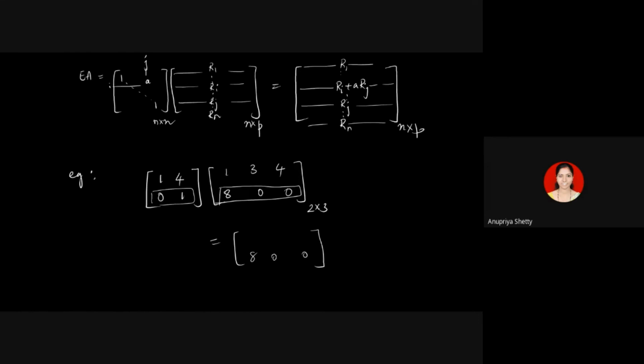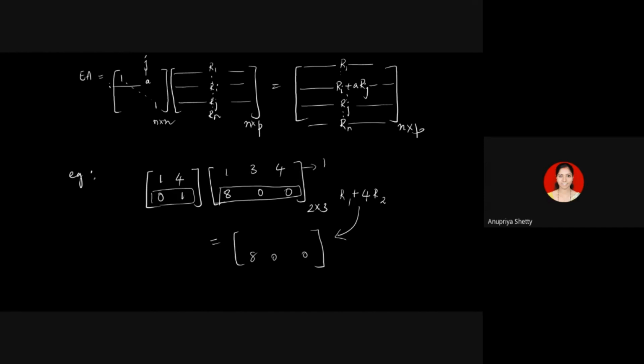We will get back the same rows. What about the first row? 1 into the first row plus 4 times the second row. So it is like you're multiplying R2 with the integer 4 and adding it to the first row. Okay, that's what is going to happen here.